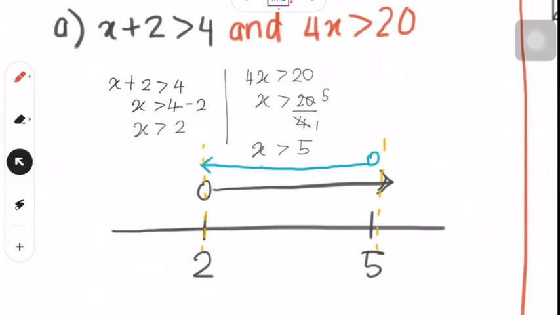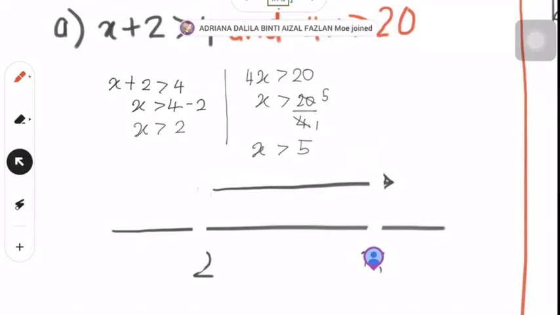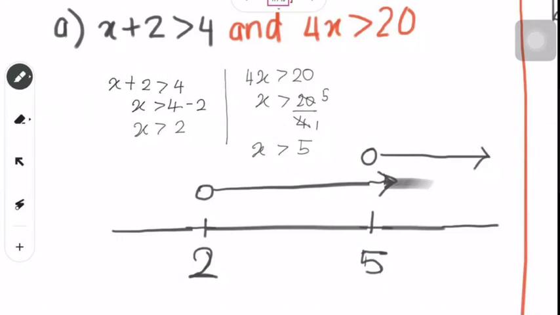Kalau ikut arrow, your arrow showing that the blue is less than 5. Sekejap lagi ya. Okay, so your solution is? Okay. So the diagram is perfect.